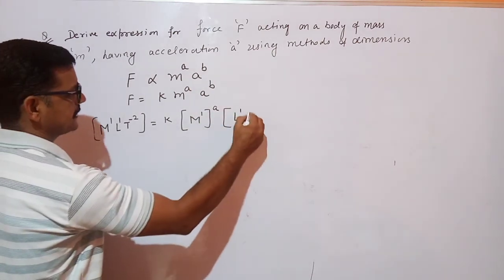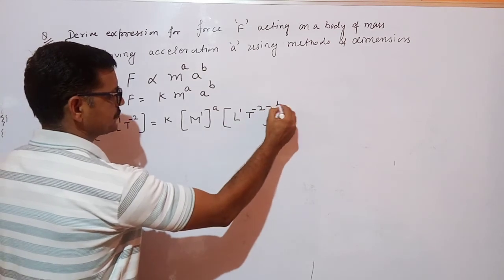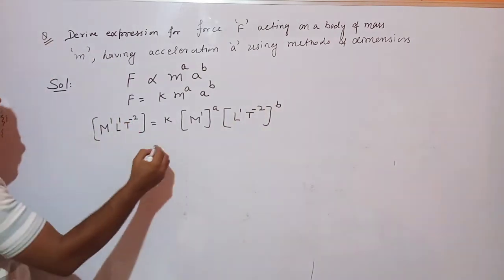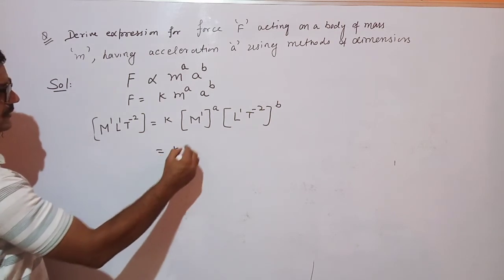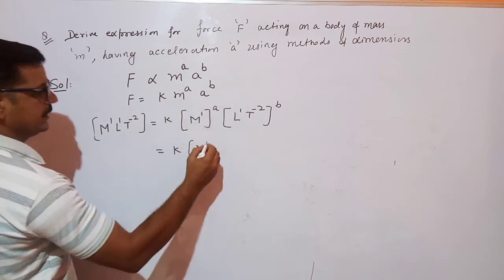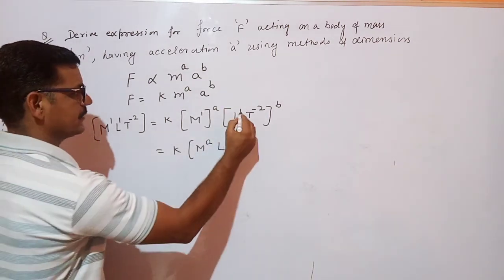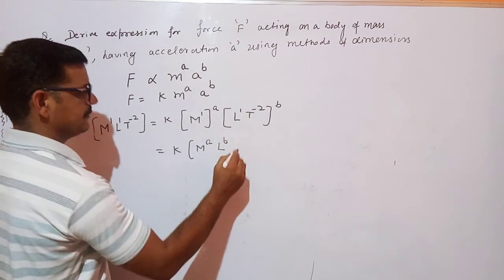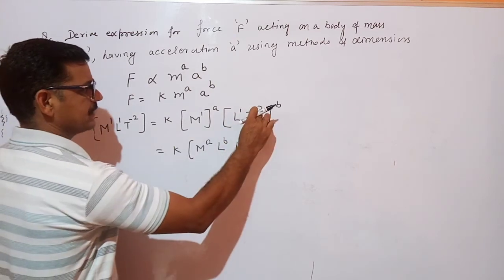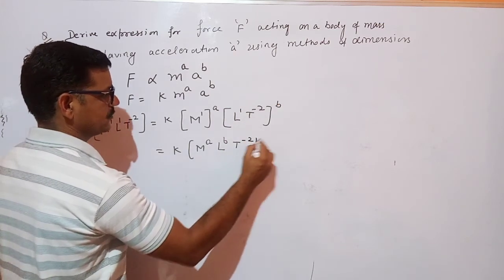Acceleration has a dimension formula l power 1, t power minus 2, whole power b. Now solve it. k m power 1 into a, that is m power a, L power 1 into b, that is L power b, t power minus 2 into b, t power minus 2b.